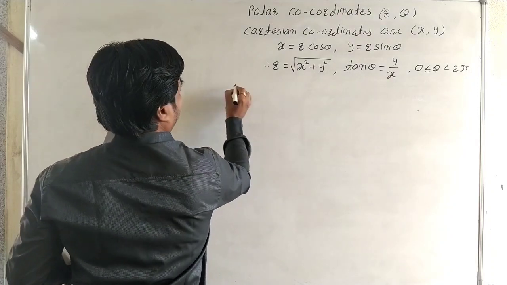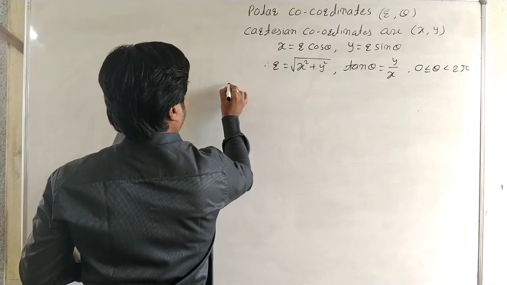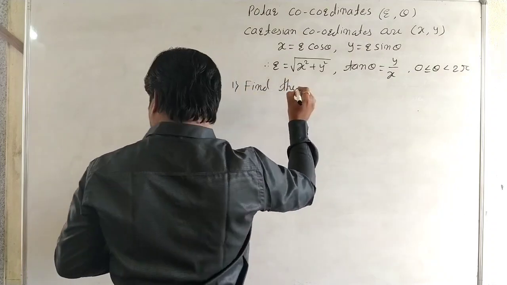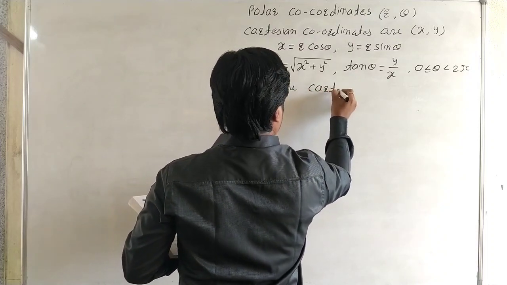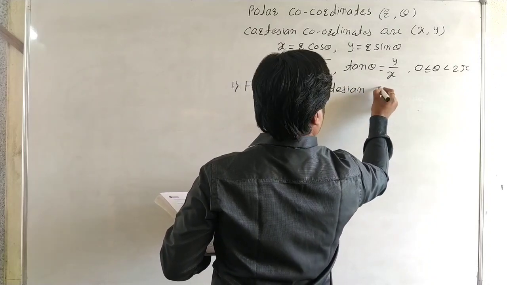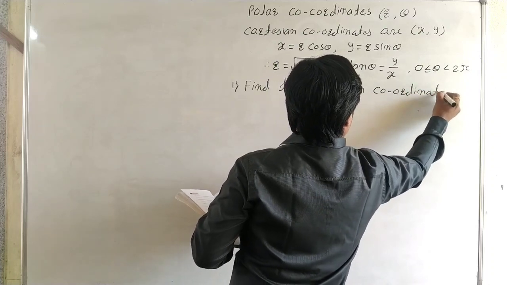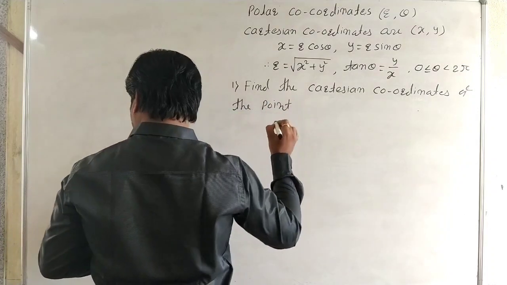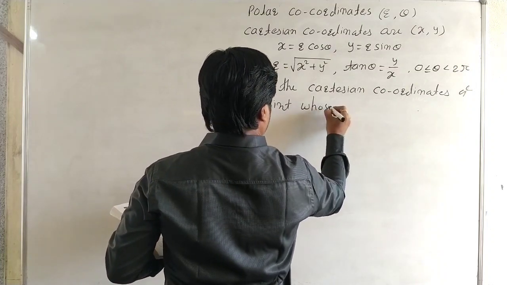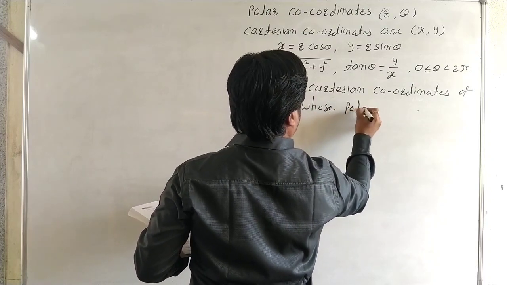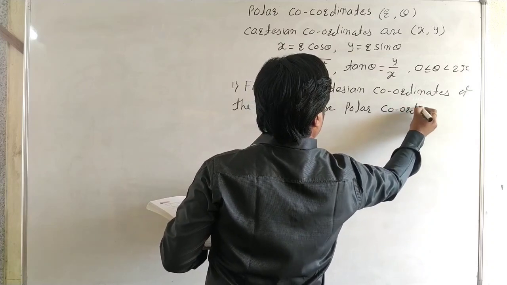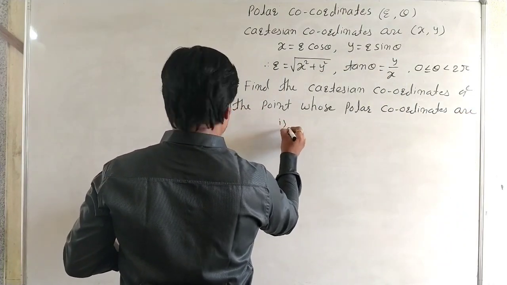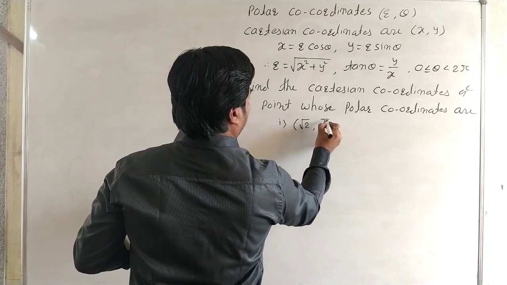Here in exercise 3.2, example number 1: find the Cartesian coordinates of the point whose polar coordinates are, now the first example, under root 2 comma pi by 4.